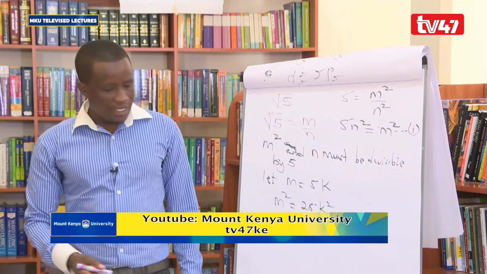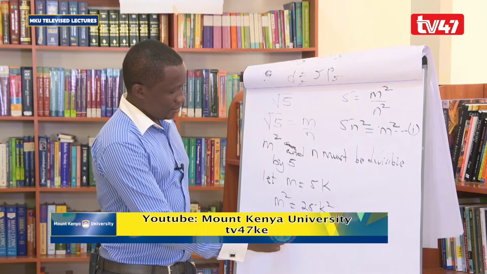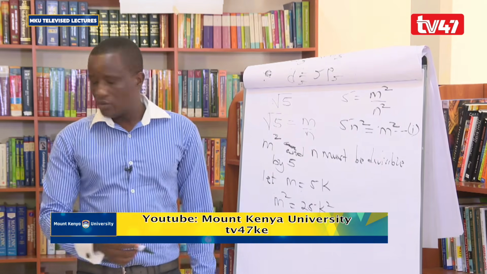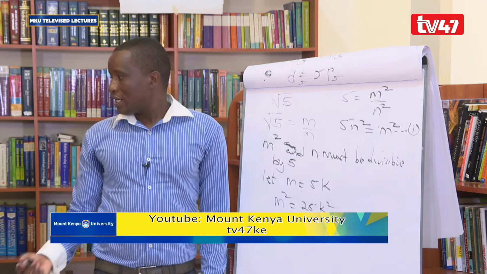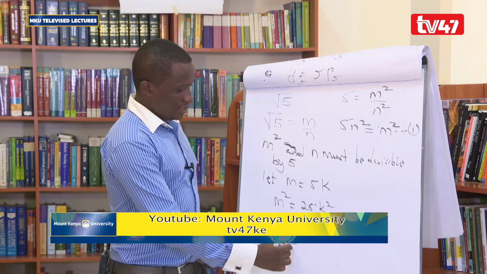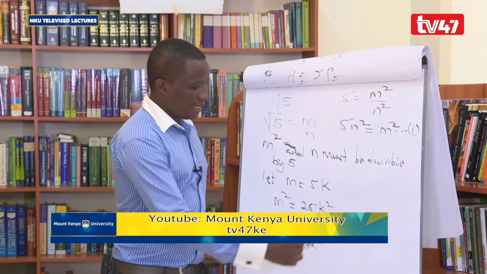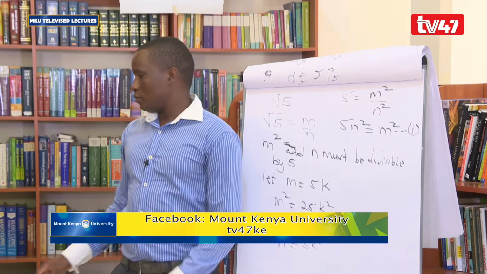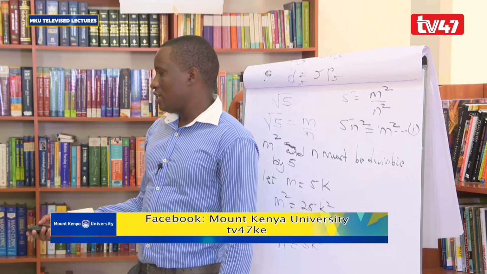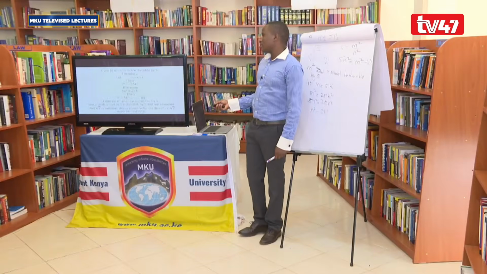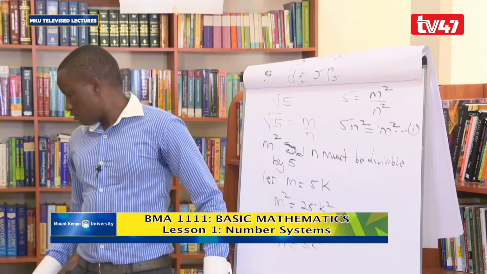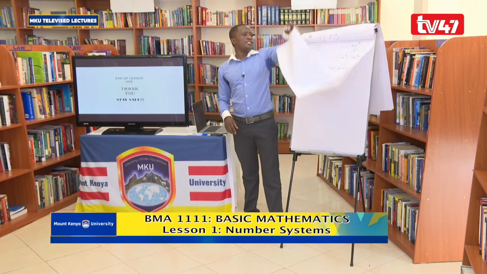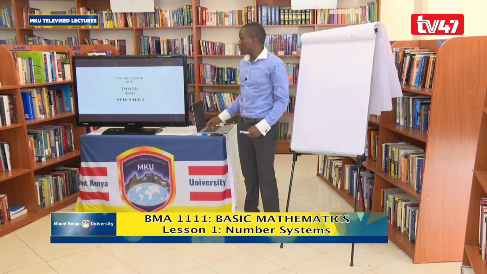And therefore, we can say that 5n squared is equal to 25k squared, which actually implies that n squared is equal to 5k squared. Again, 5 becomes a common multiple, which is a contradiction, and therefore square root of 5 must also be an irrational number. That is the representation of number systems we are going to use in mathematics, and forms our end of lesson 1.